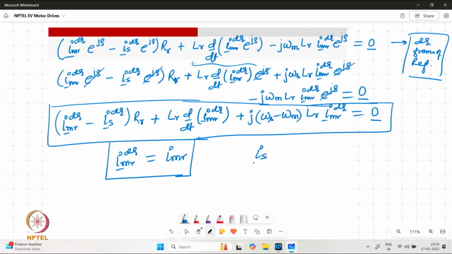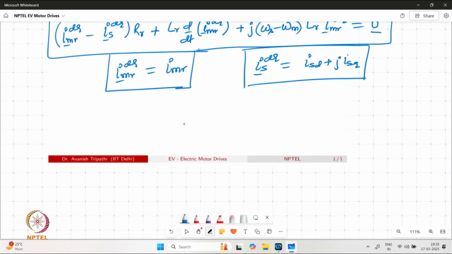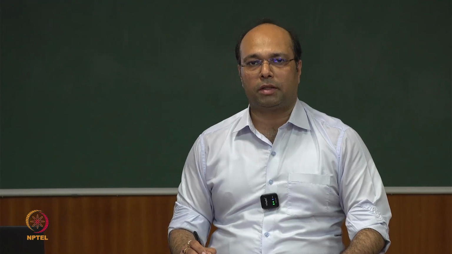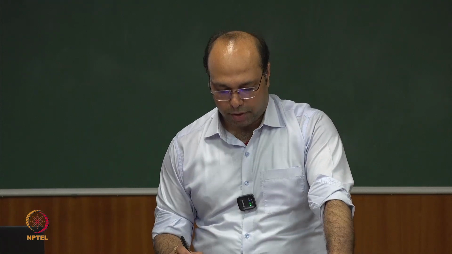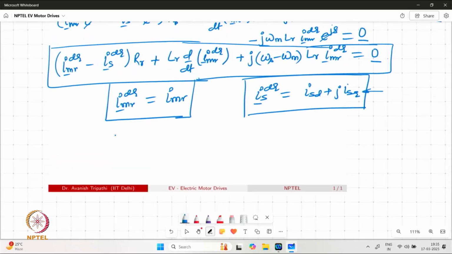And then we have IS current vector in the DQ frame of reference, which can be written as ISD plus j ISQ in the usual manner. Where IS is the measurable quantity, we can measure the value of IS for all different phases, and we can use axis transformation to obtain the value of ID and IQ, very similar to our previous exercise for the permanent magnet synchronous machine.